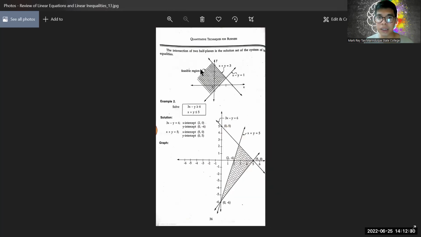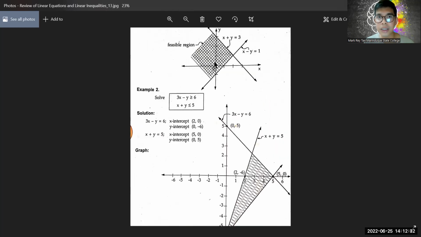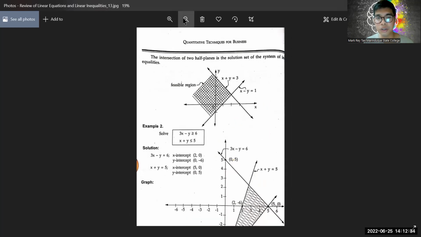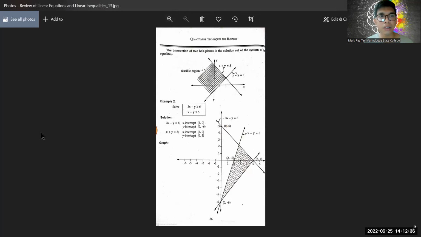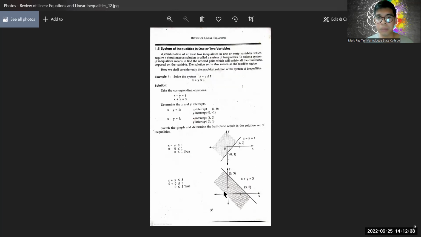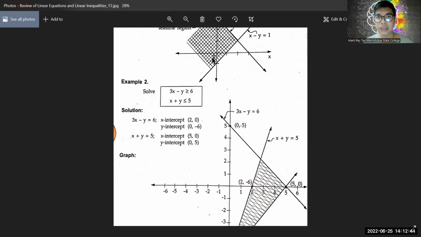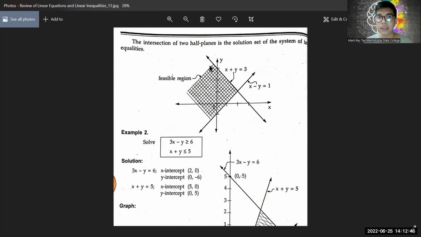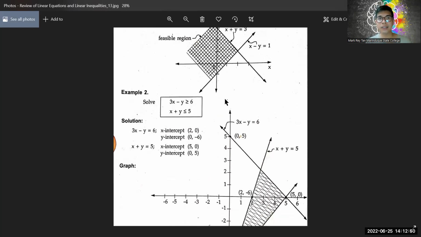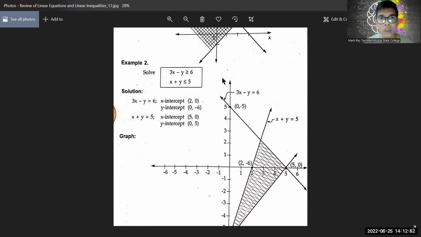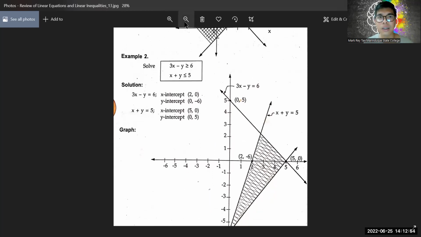That's the final answer. Okay. So, using your imagination, ayan, from here, pinagsama, ganun. So, ang solution set dyan is this one, diba? Yung shaded part.